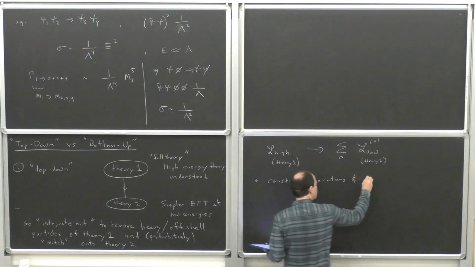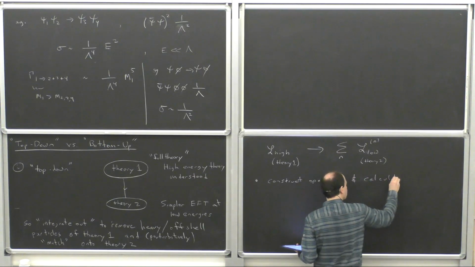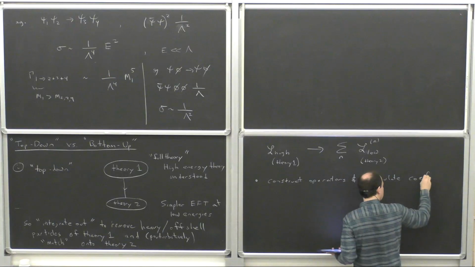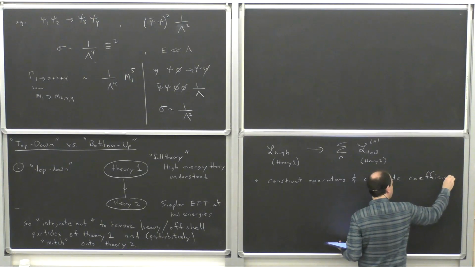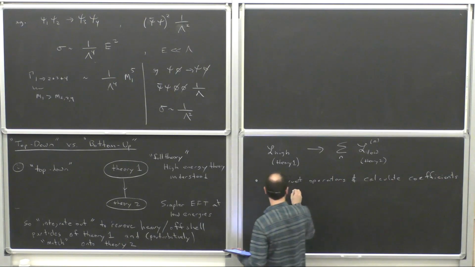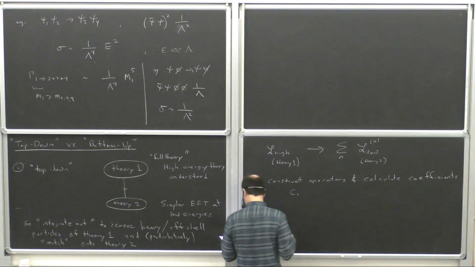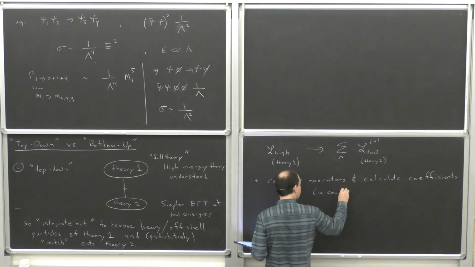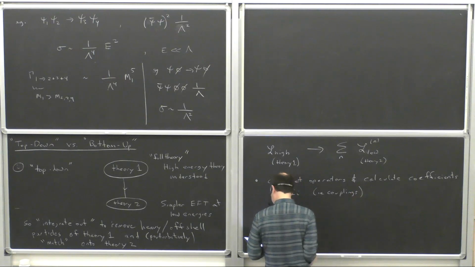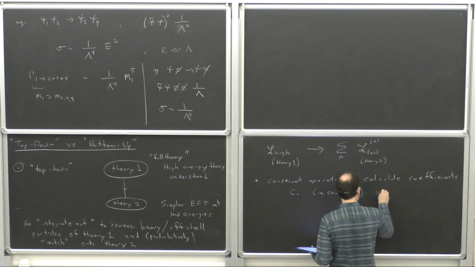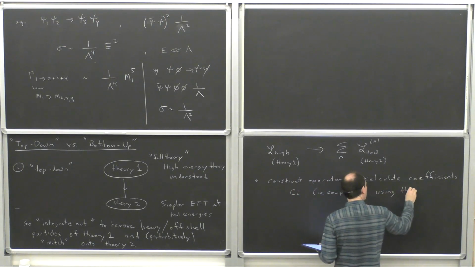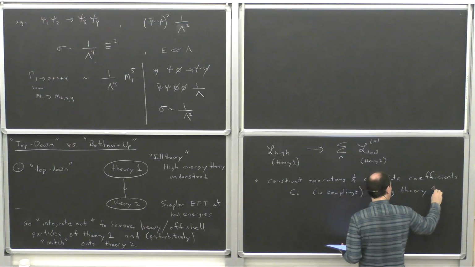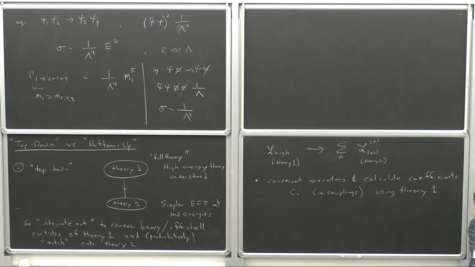We construct operators and calculate coefficients, which we just talked about in the case of the Euler-Heisenberg, the C's. We just calculate them numerically. All the couplings of the low energy theory we can calculate from the high energy theory. The technical description of how exactly that works in quantum field theory I'm going to come to, likely next lecture.